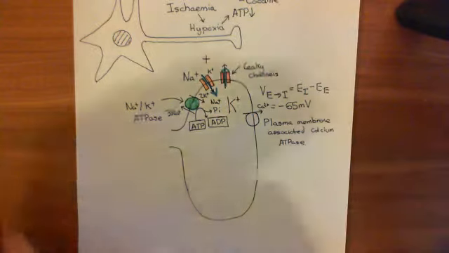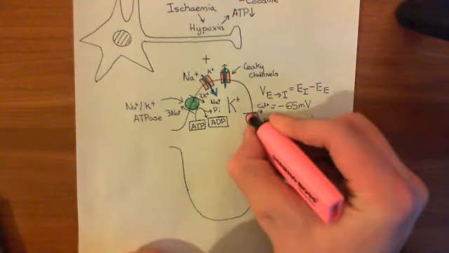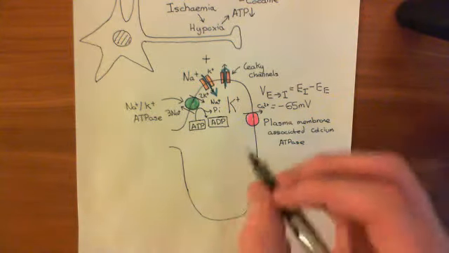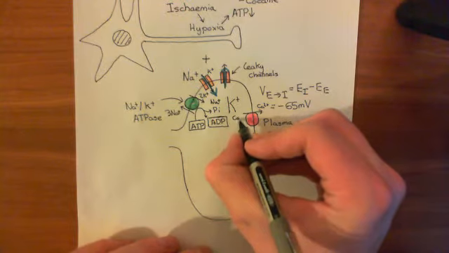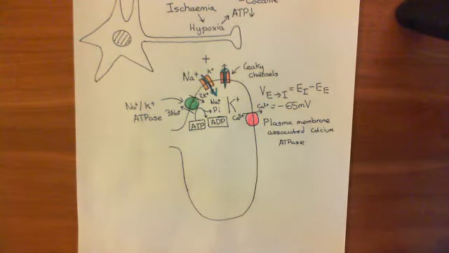So this pump also breaks down ATP in exchange for removing a calcium ion. Okay, so if ATP goes down, firstly, this plasma membrane associated calcium ATPase stops extruding calcium.